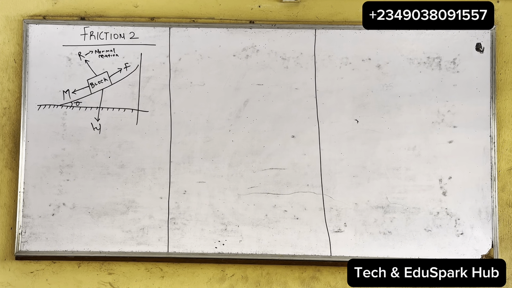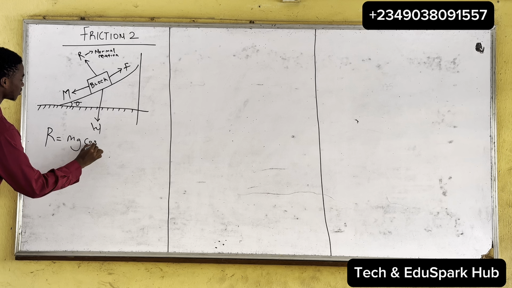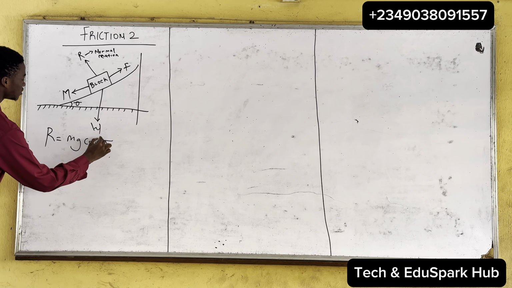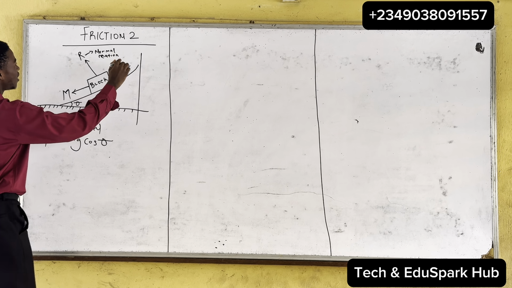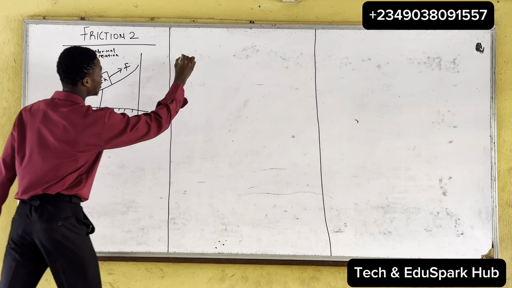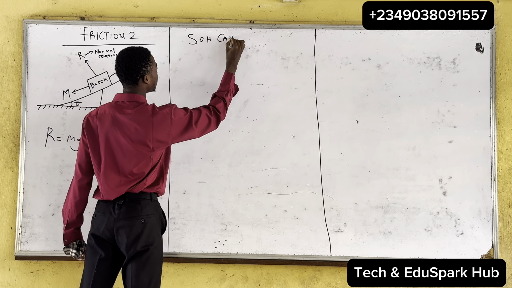Recall from what we said in our last lesson, the normal reaction, which is R, is given as mg cos theta. So in this case, how do we get our mg cos theta? Remember SOHCAHTOA. So let me just write that here. So we have the SOHCAHTOA.